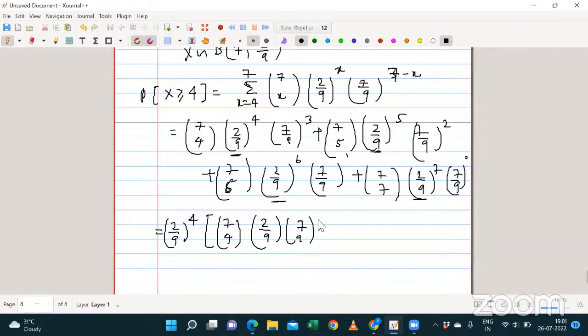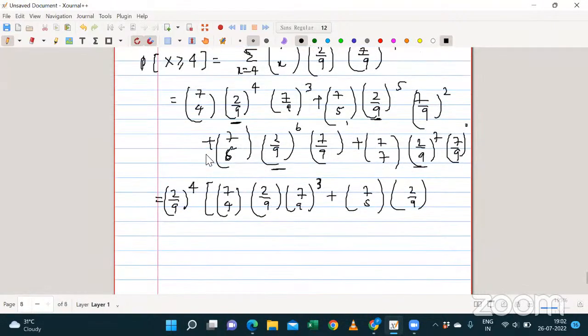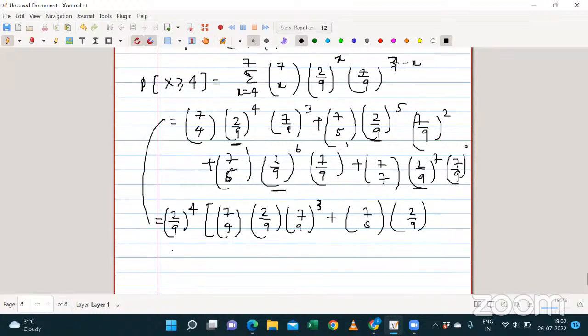Similarly you can proceed, Sujit. We can write directly, instead of this long calculation, 7C4 into 0.85, and the bracket 1 minus 0.6 to the power 7 minus 3, so 4.